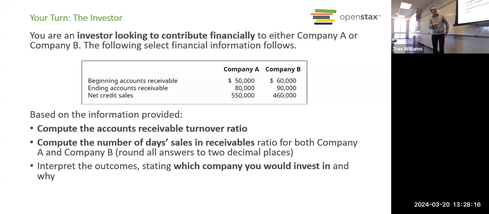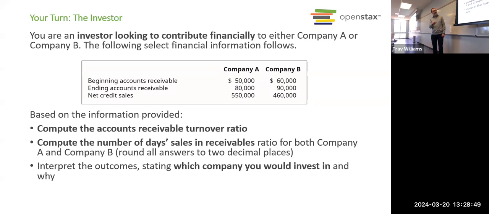Exactly. And how about company B? Average of 60,000 and 90,000, what do we get? 75,000. Excellent. So we already know, use a calculator, but you might be able to do that in your head. And you can see we have average accounts receivable of 65,000 for company A, 75,000 for company B.